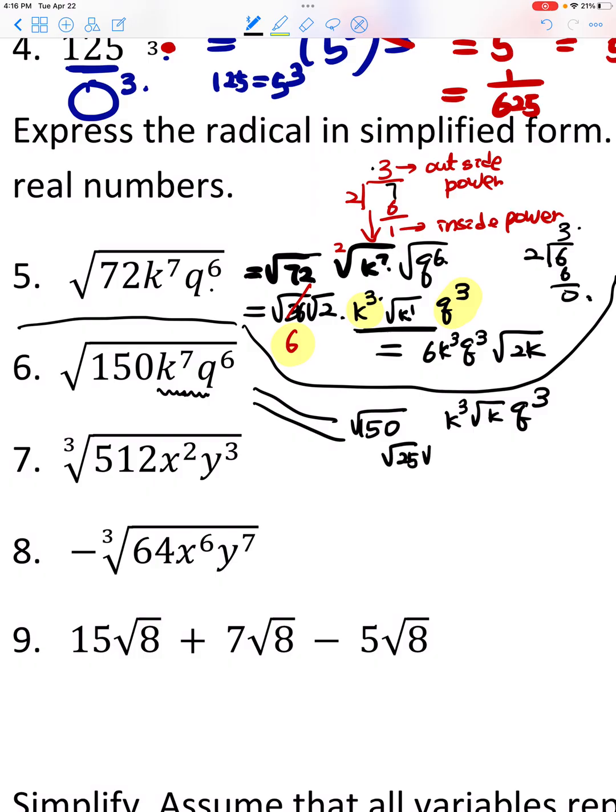So this one is 25 times 6, and I get the same thing for the variable as in question 5. The radical of 25 is 5, so outside is 5 k cube q cube, and inside you've got 6k.